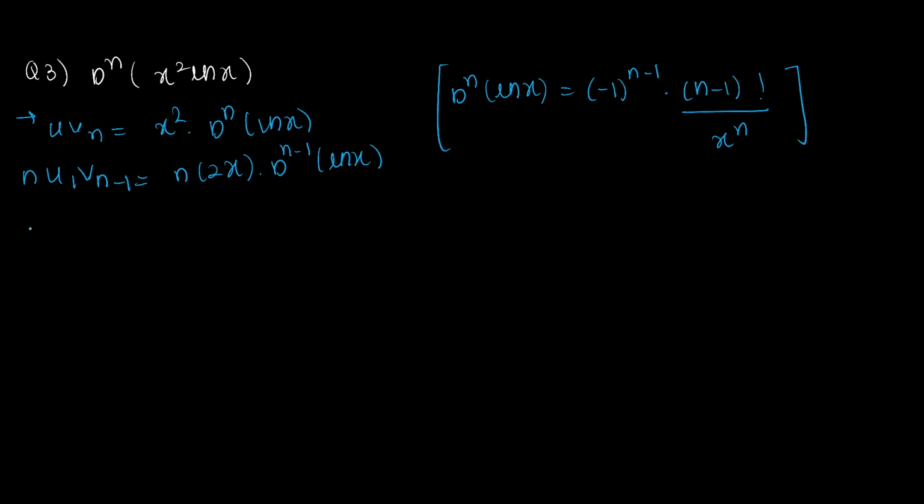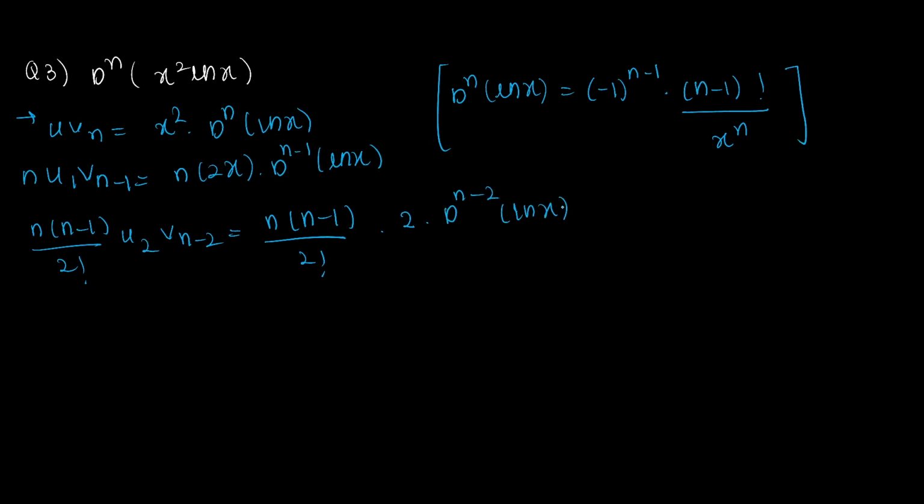Next term, which is n into n minus 1 upon 2 factorial u2 vn minus 2. I'll write it as n into n minus 1 upon 2 factorial u2, which is 2, and vn minus 2 is d power n minus 2 ln x. Okay, this 2 gets cancelled. It is n into n minus 1 times dn minus 2 ln x.